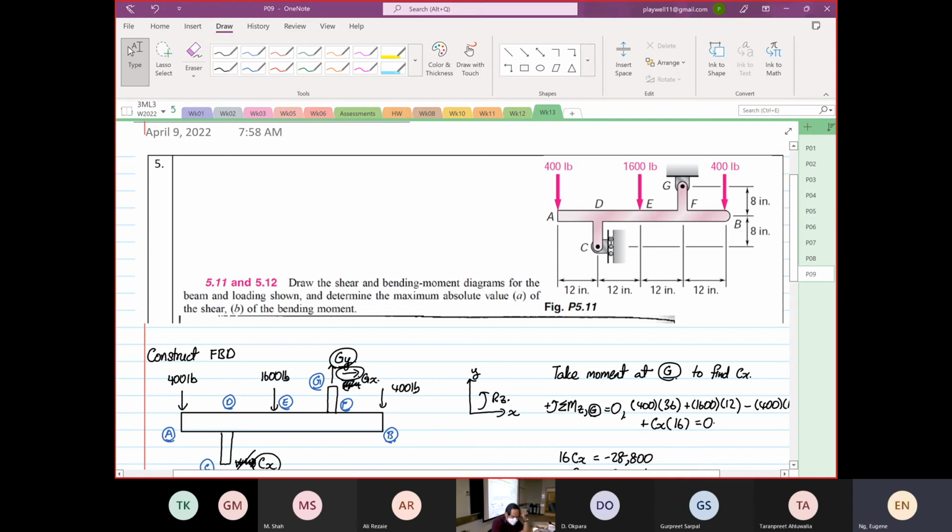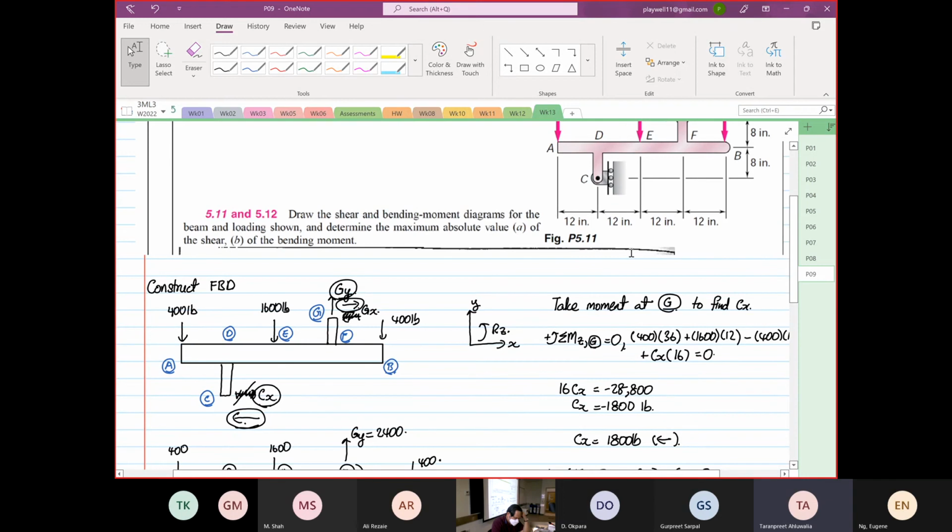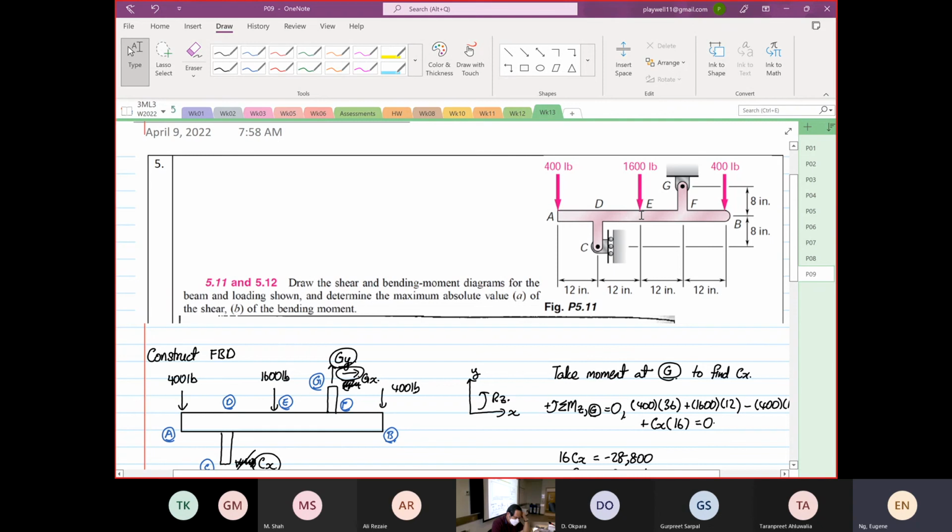Is that question because we are finding the reaction? My question is that when we find the equation for shear force and bending moment from D to E, do we multiply? Why B to E?